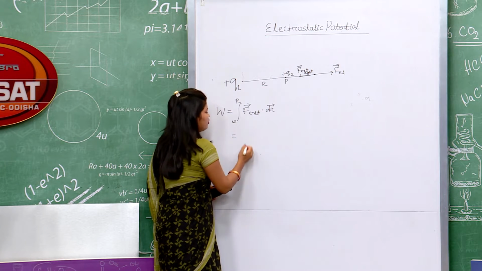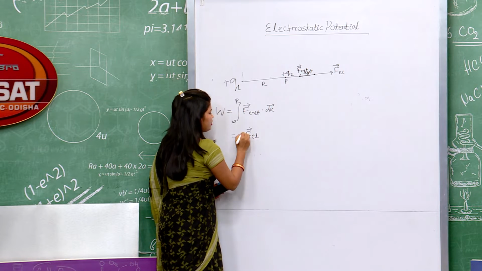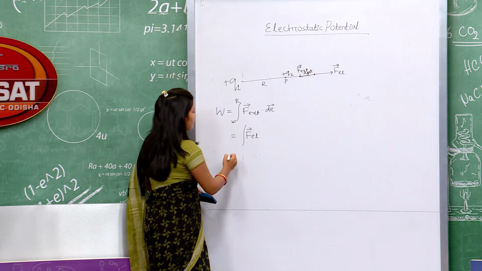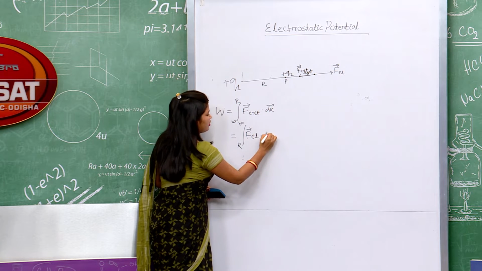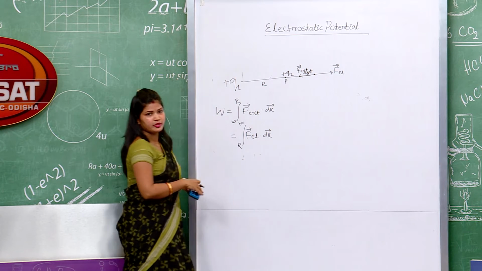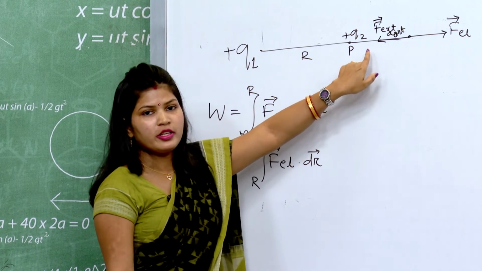I can also write it in the form of F electric, that is, integration from r to infinity dot dr.